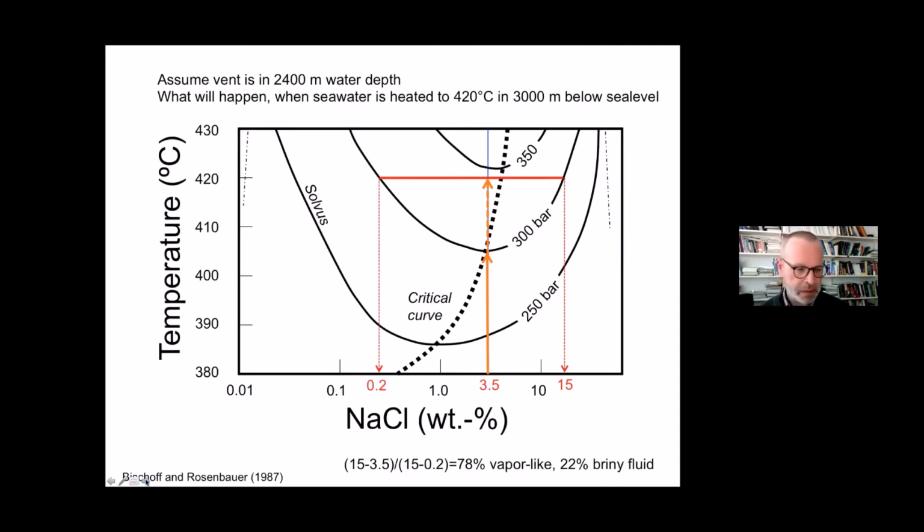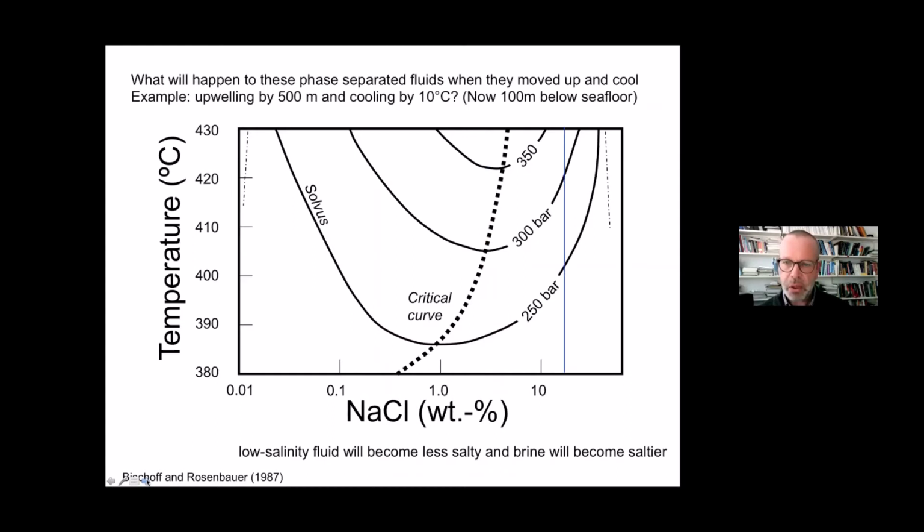vapor-like and how much briny fluid we made. You may ask yourself, what happens if we take one of these fluids, say the brine, and have it come up a little bit while it undergoes cooling? This is what's going to happen. If you have the brine come up 500 meters and cool it by 10 degrees centigrade, you move here in the phase diagram, and at 250 bar you're dealing with a new solvus, this one.